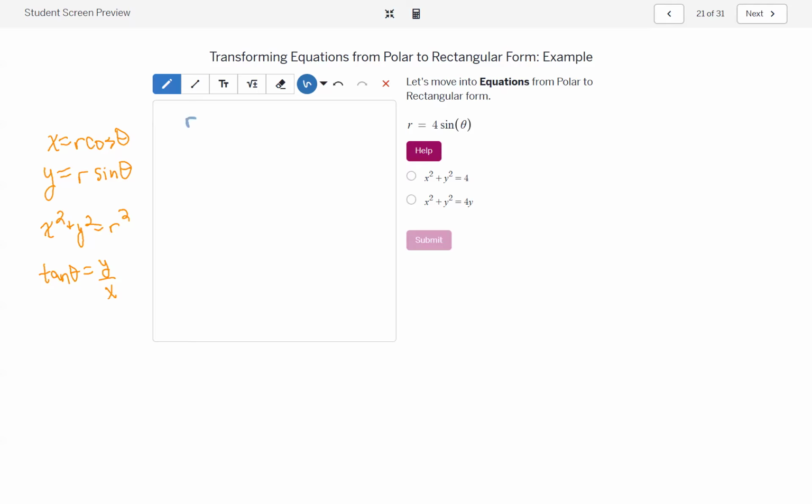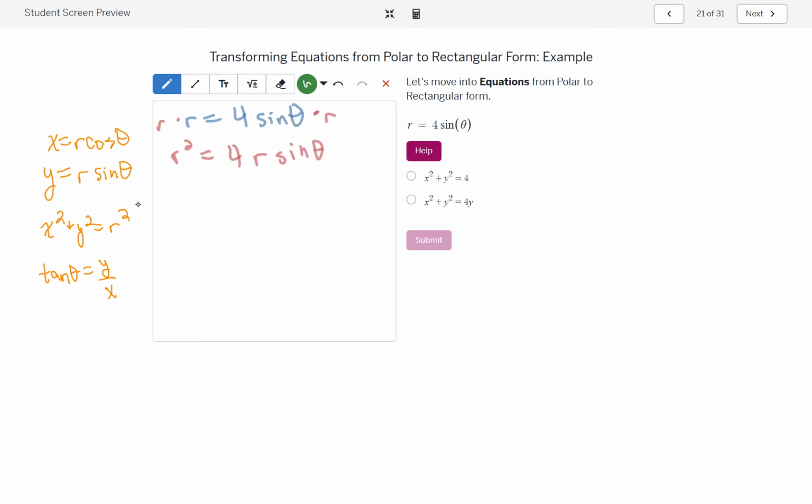So I have r equals 4 times the sine of theta. And I'm thinking it'd be great if I could just sneak an r multiplied to the right side. And I can do that as long as I do the same thing to both sides. So now I have r squared equals 4 r sine theta.